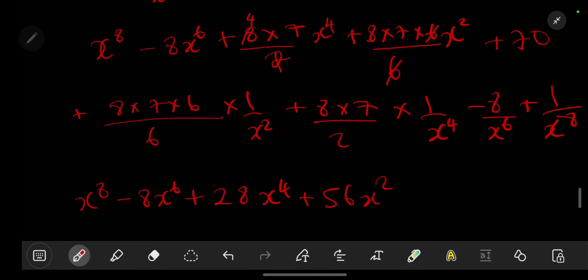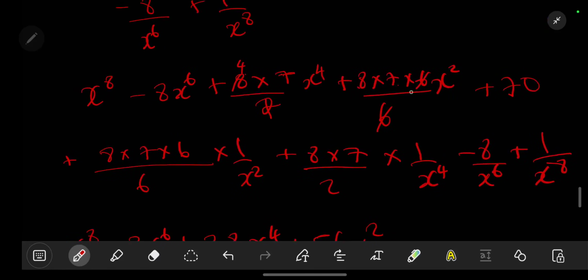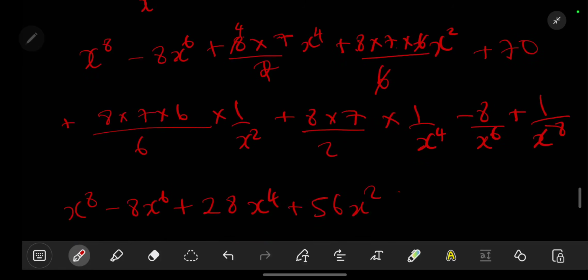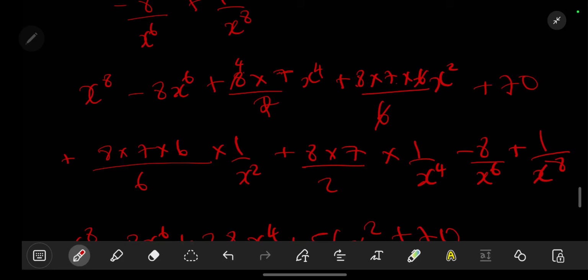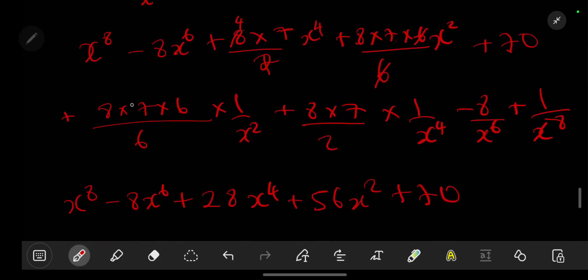Then we are here plus 70. Then here, this is where the mistake is. Here it's supposed to be a negative.